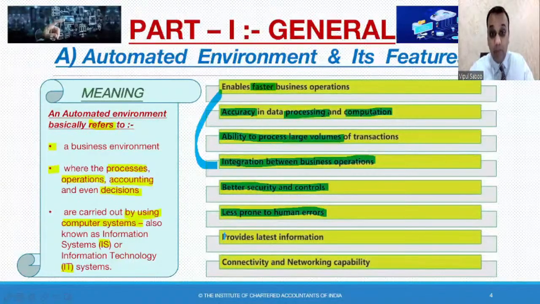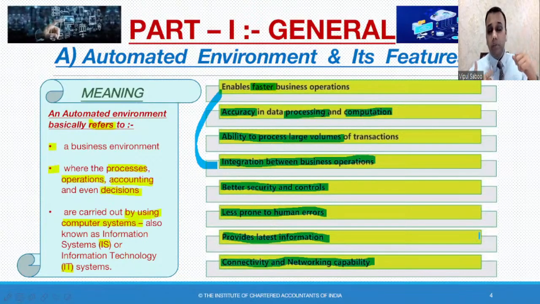Provides latest information. How does it provide latest information? Because automation means continuously updating the data, whether it is maintained in a particular system, in a network center, or in a cloud or a drive. It keeps on getting updated if you've set up proper controls. Connectivity and networking capability. Physically, I would have to call or do a lot of stuff.